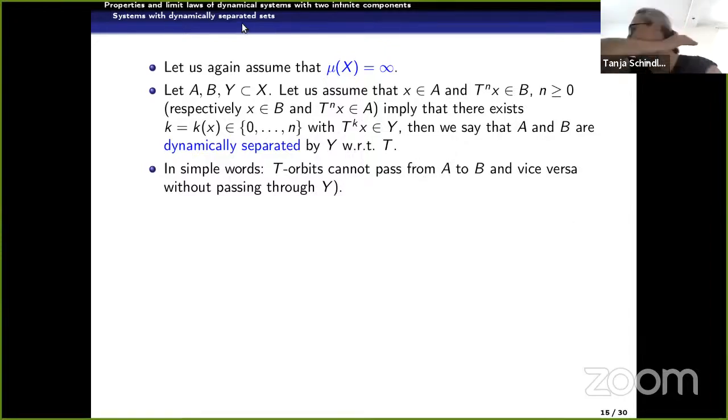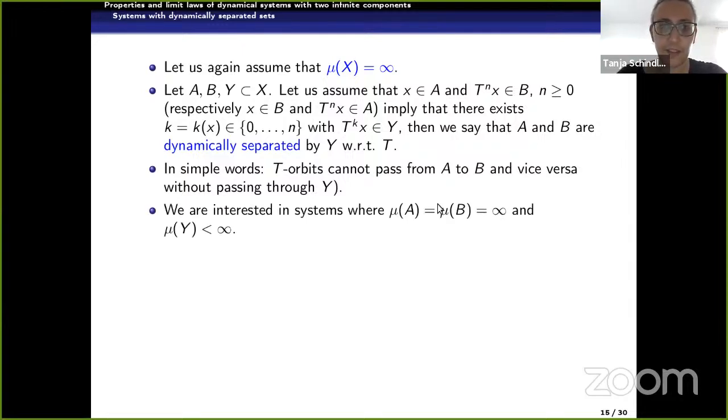Okay, and we are basically interested in systems where we have sets where A and B are both infinite and Y is finite.